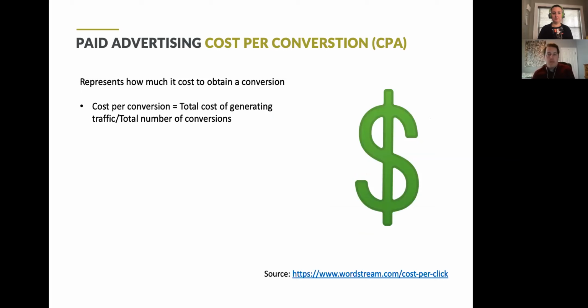The last one to round out our jargon here is cost per conversion or cost per acquisition, CPA. This really represents how much it costs to obtain a conversion. The formula to think about here is: cost per conversion equals the total cost of generating traffic, divided by the total number of conversions. This is, again, another important analytic, because you want to know how to manage your budget and then decide the best ways to continue to advertise.